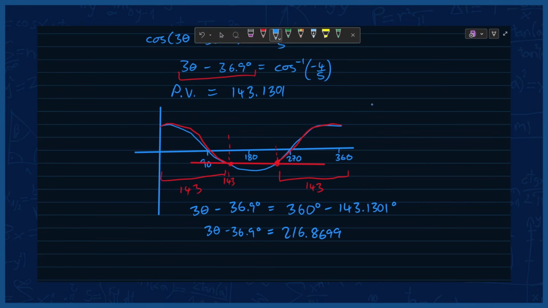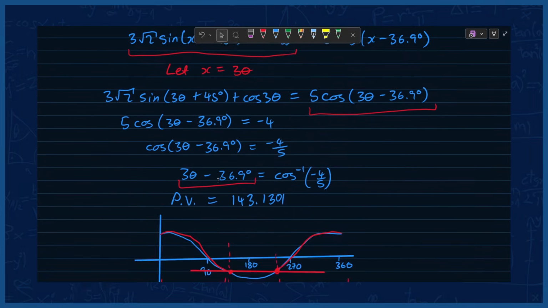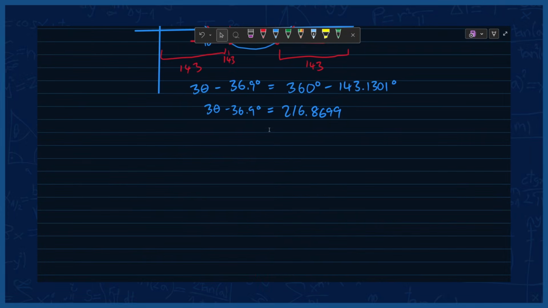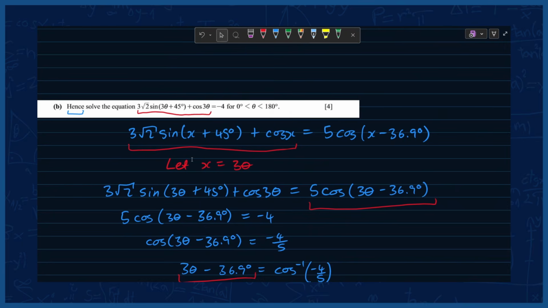216.8699. I know that at first glance, this value looks like it's clearly outside of our interval. But remember, this interval is for θ. When we eventually solve for θ in this equation, we're going to end up dividing this by 3. So this 216 that looks too large will eventually shrink so that it actually fits within the interval.